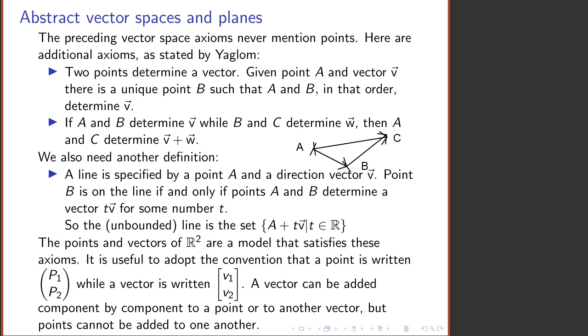But if we want to introduce points axiomatically, we need this in order to make our point vector relationship consistent with the rule we already have for adding vectors.